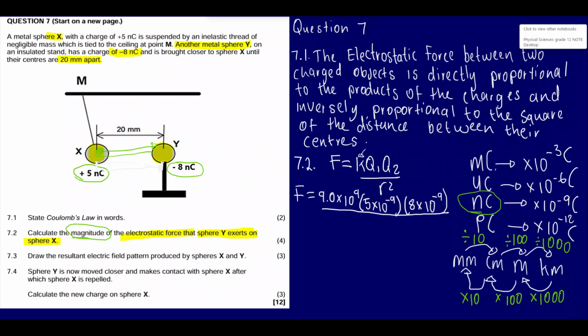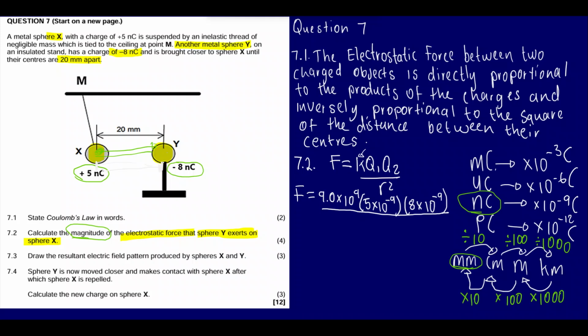So over, what is the distance here? The distance is going to be that 20 millimeters, and remember, because we're moving from 20 millimeters, the distance must always be in meters. So we'll divide by 10 and divide by 100, which is like dividing by 1,000. So let's just use the calculator there.